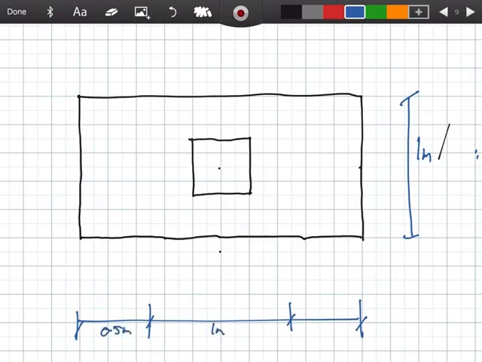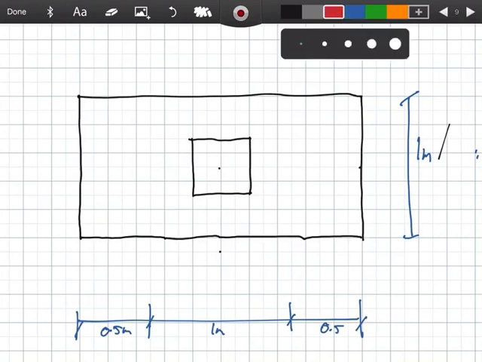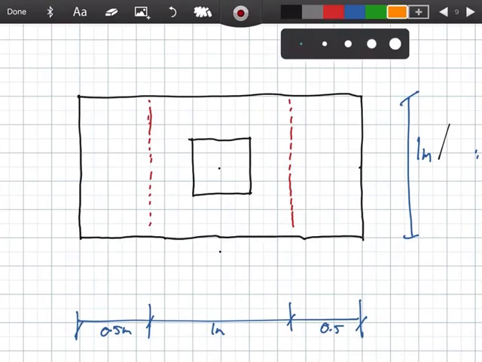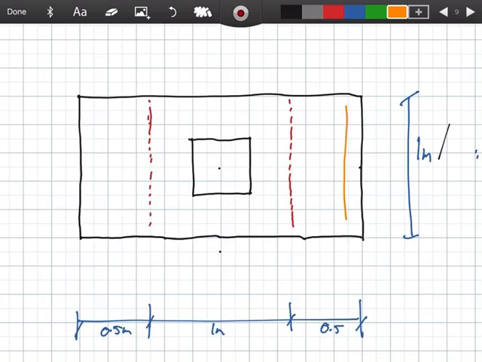One meter. 0.5 meter. Tapos, so, dito siya. So, ang cut niya ay dito. Hindi ko alam kung tama yung drawing ko, pero ganyan. Yan ang cut niya. At yung bakal natin dito ay 2. Pwede naman siguro natin gawing 3. Okay, tapos dito ay 6.